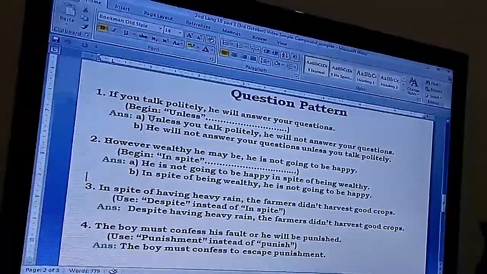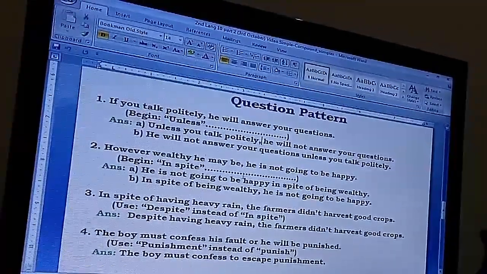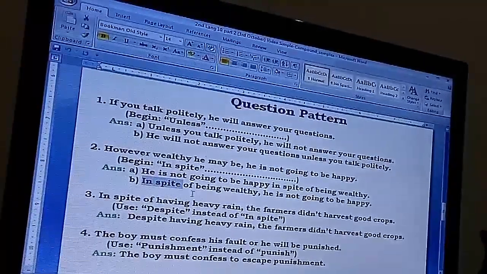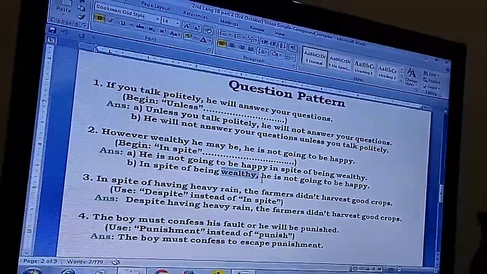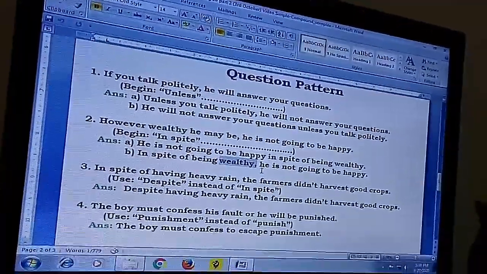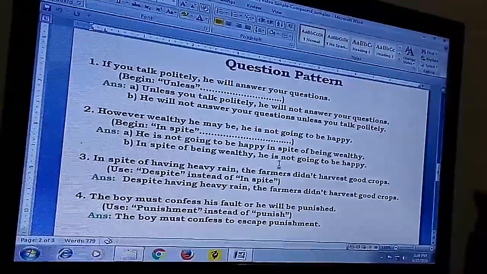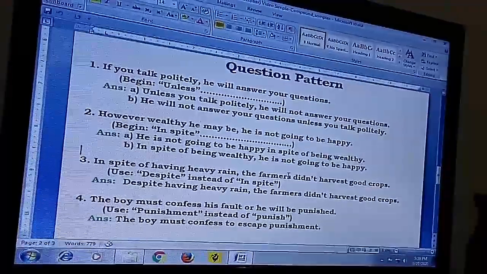If we use unless in the beginning, you have to put a comma after the first sentence. If you use in spite in the beginning of the sentence, then you have to put a comma just at the end of the first sentence. However, if we use unless as well as in spite in the middle of the sentence, no comma is required. No confusion, my dear children.